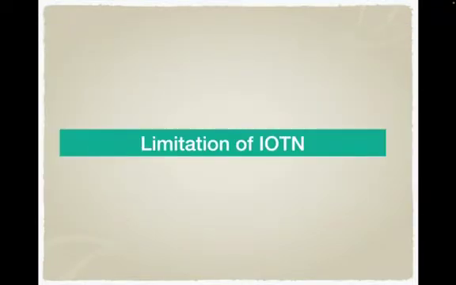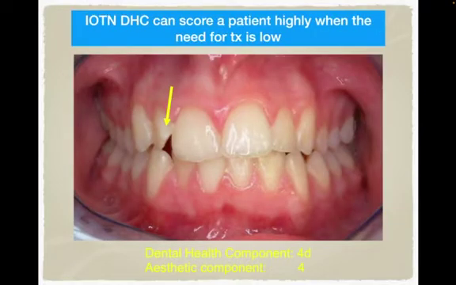But is the IOTN the perfect index? Is there any problem with the IOTN? The answer is yes. If you look at this malocclusion, you can see that the teeth are nice and well aligned. Okay, there is a little bit of rotation of the lateral incisors. So if you look at that, he will be recorded as a 4D because of the contact point displacement. And that puts him in a high priority of treatment. He's a 4D.